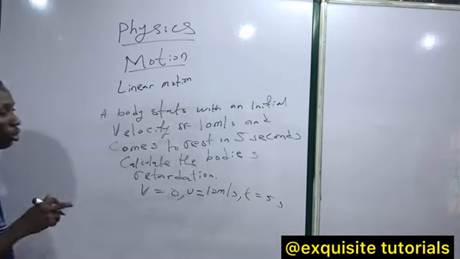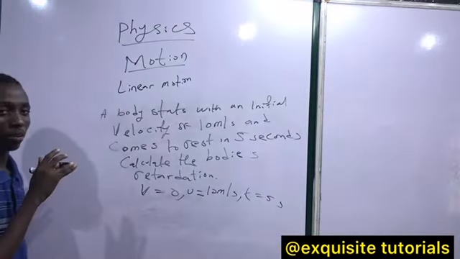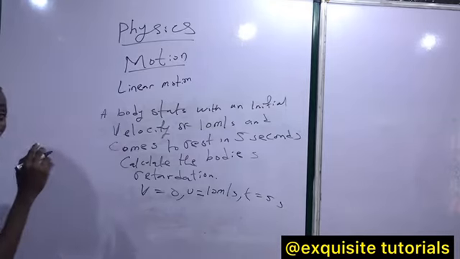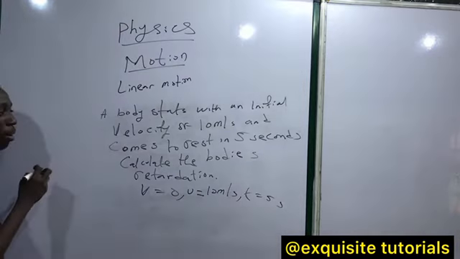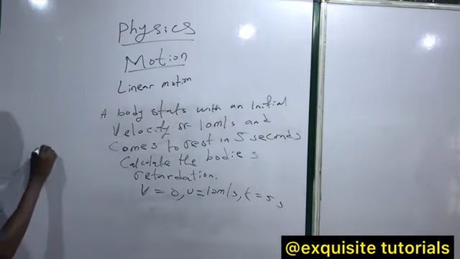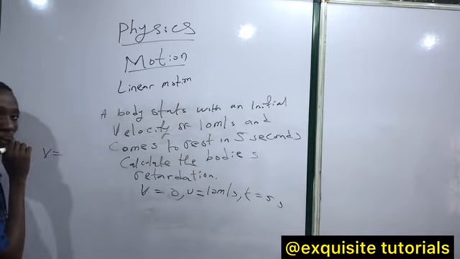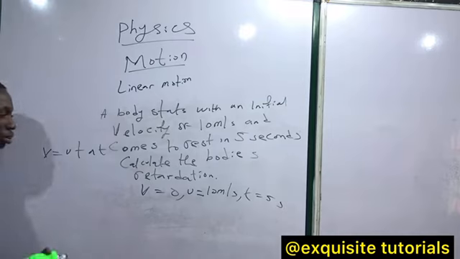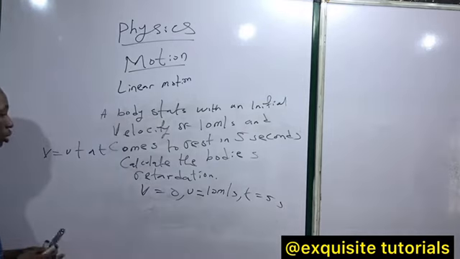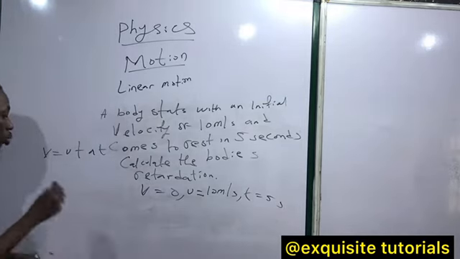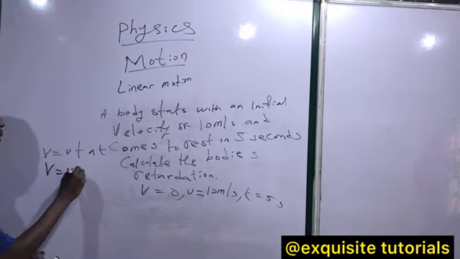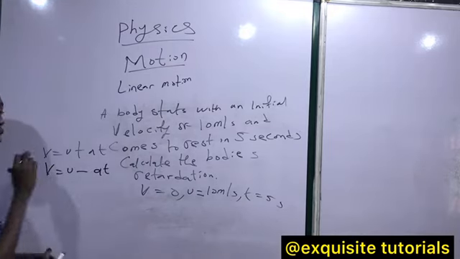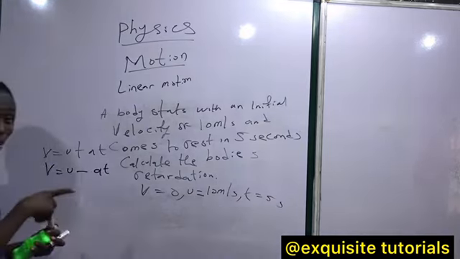Now note this. When a body is coming to rest, our equations of motion will change a little bit. Remember we had V is equal to U plus AT. But because of retardation, this will change to V is equal to U minus AT. The same thing will happen to the other equations of motion.